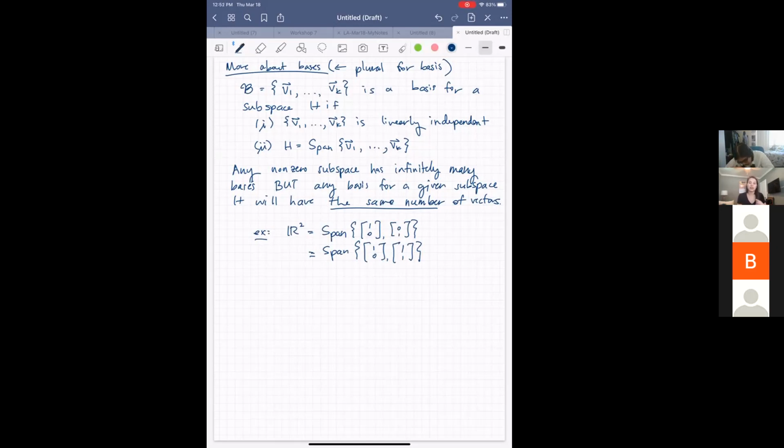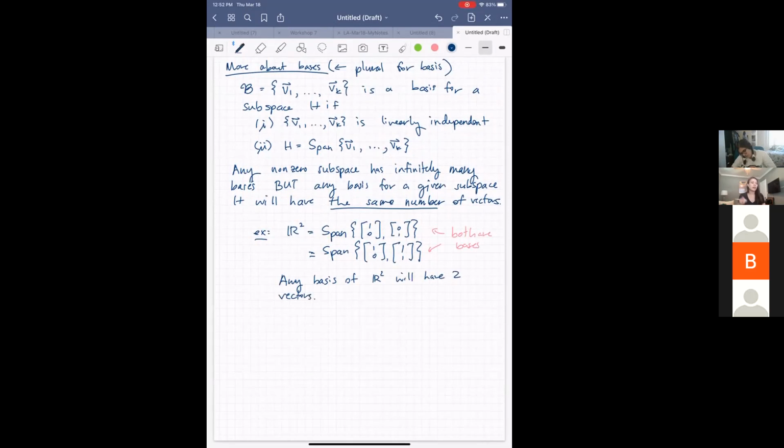We're just saying R2 is a subspace of R2. It's a sort of trivial subspace. Both are bases. And any basis of R2 will have two vectors.